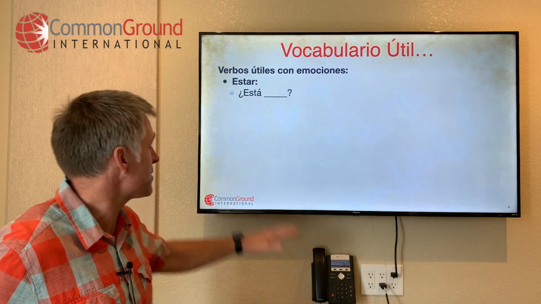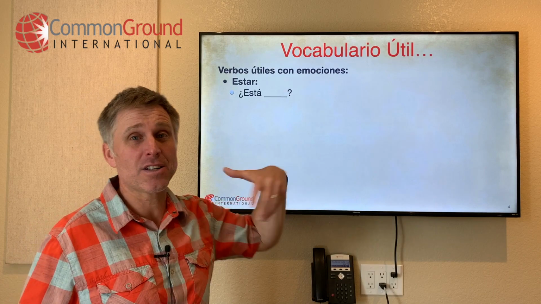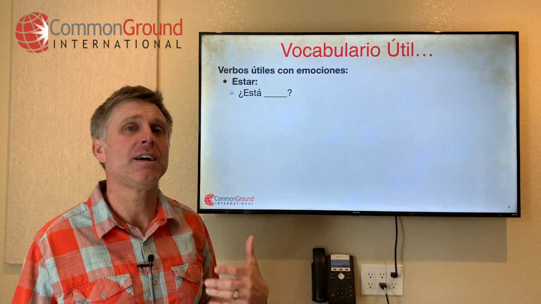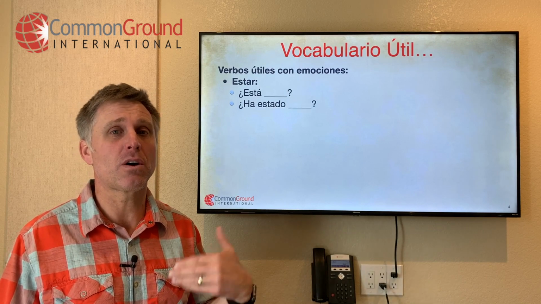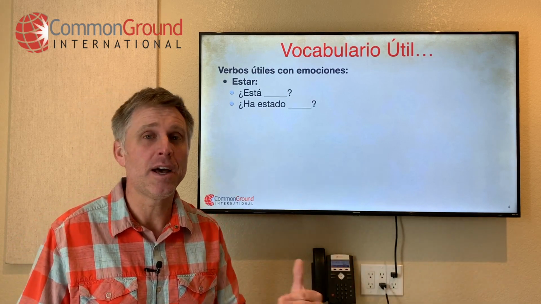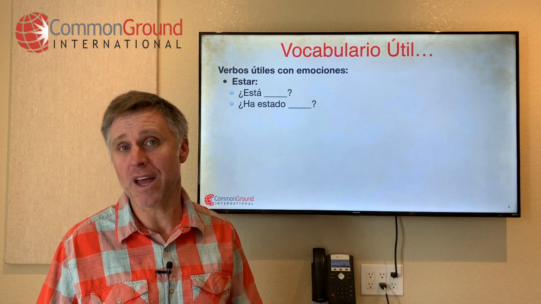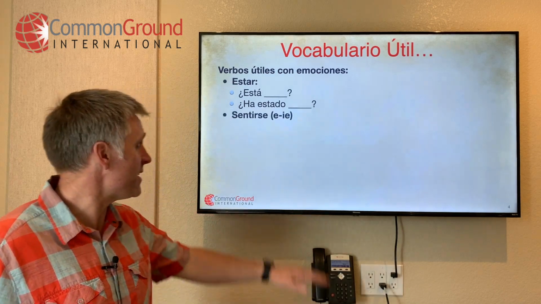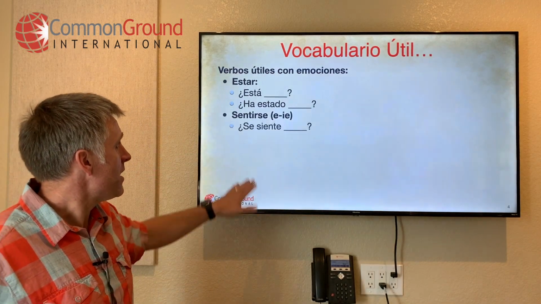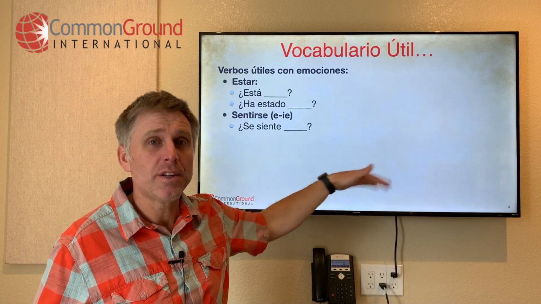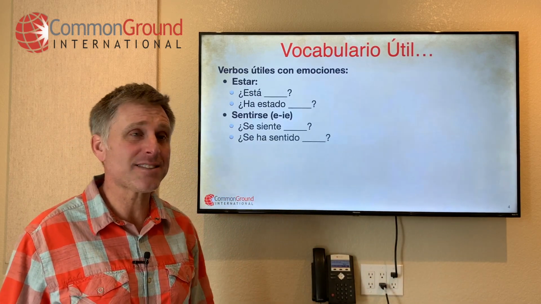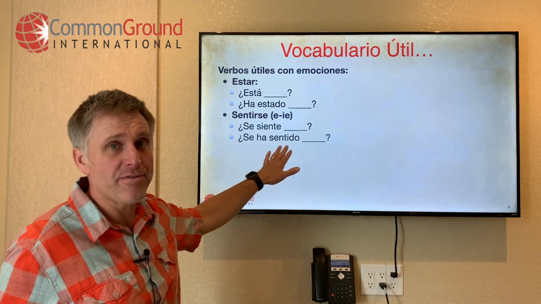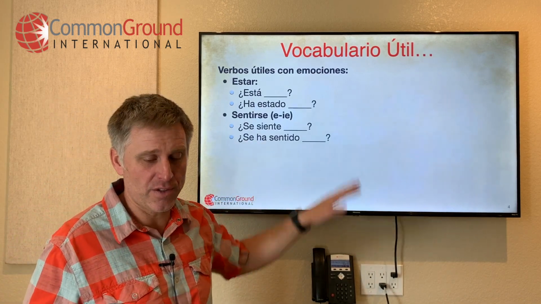So está, yes or no question. Está triste? Are you sad? Está deprimido? Are you depressed? Ha estado. It's no longer are you, now it's have you been. Ha estado solitario? Have you been lonely? Sentirse, el verbo to feel. Se siente, do you feel sad, lonely, depressed, etc. Se ha sentido, now it's the have you felt, have you felt.